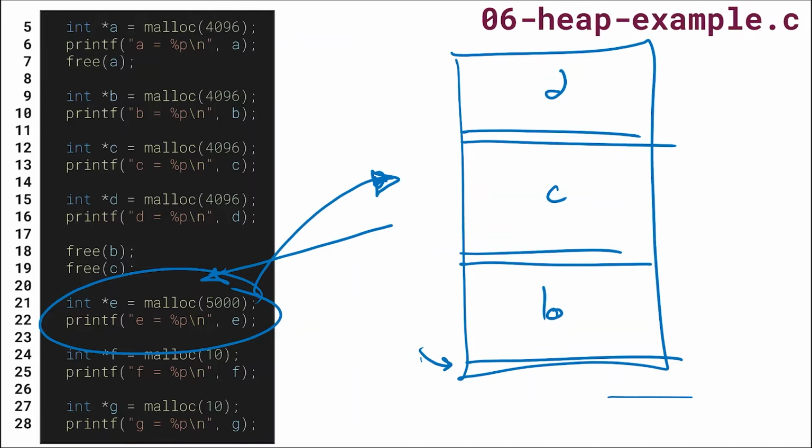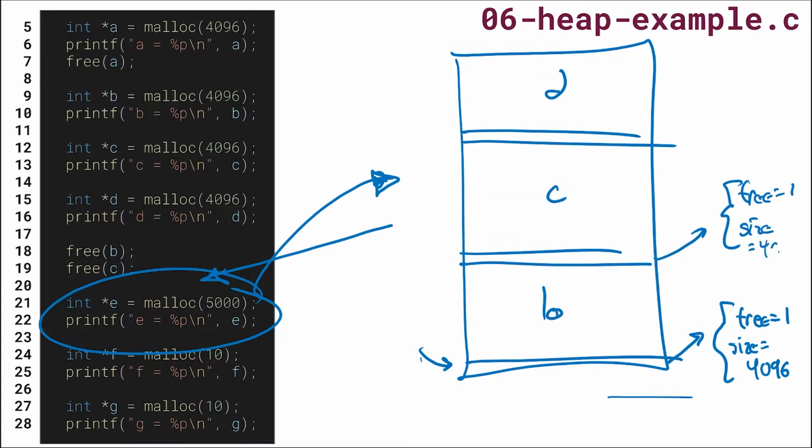And the metadata inside of B, at this point, was B is free, and its size is 4096. This metadata says C was free, and its size is 4096. And this metadata says the free is 0 because it's not free, and D's size is 4096. Do you agree with this so far?